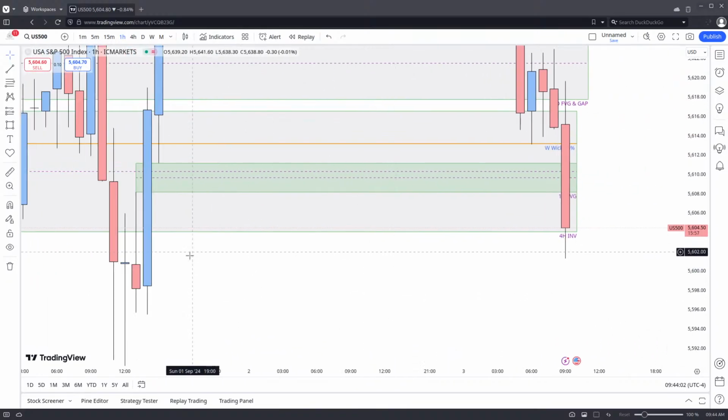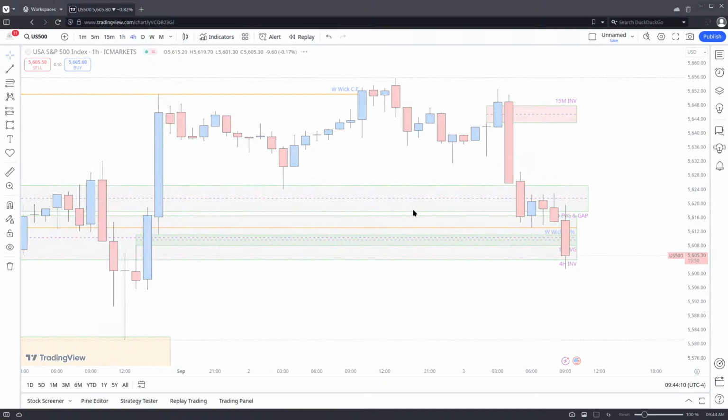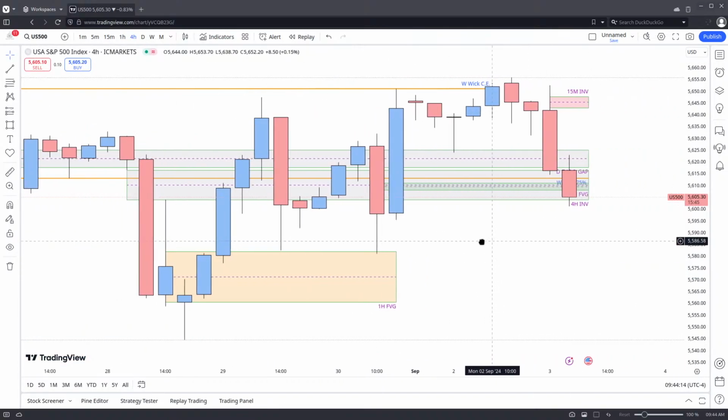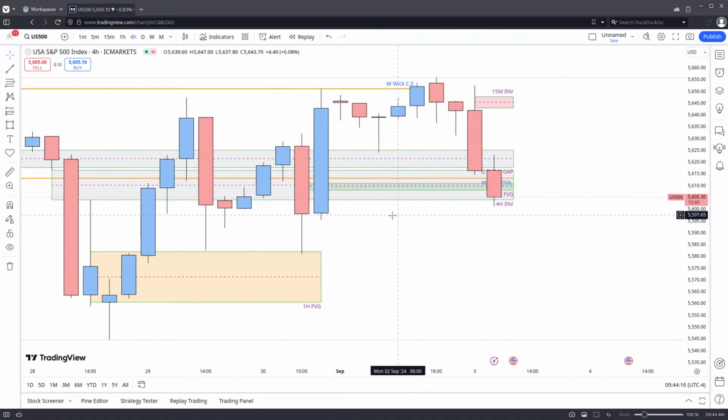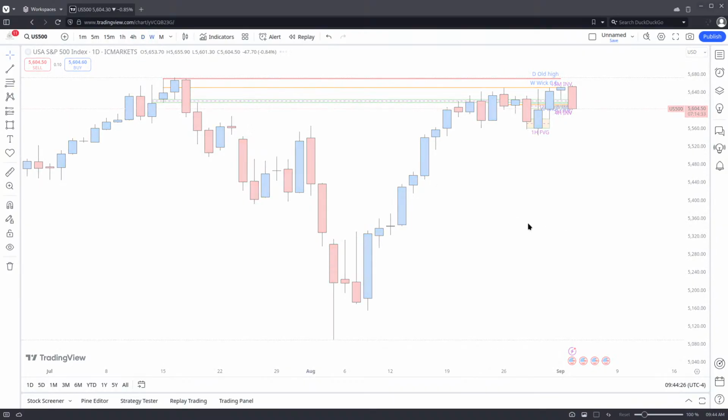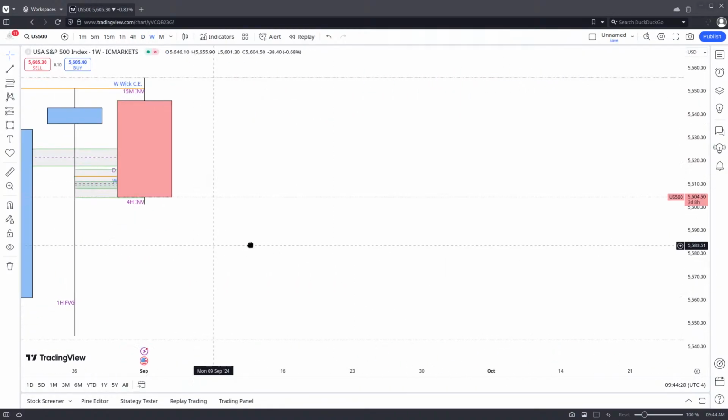So small down there, though. Didn't really trade into that either. 4 hour charts. Not seeing anything I like here. Might have to go up to a daily. Look how it's trading inside of this wick.